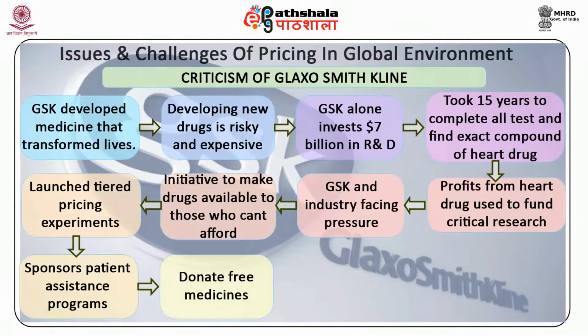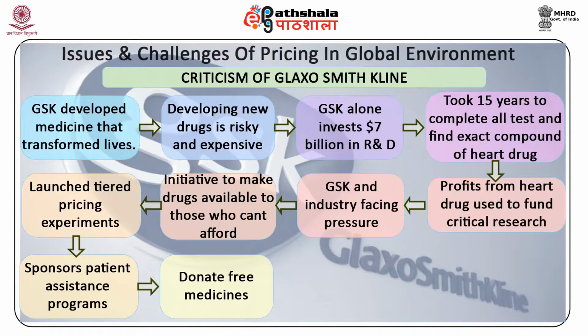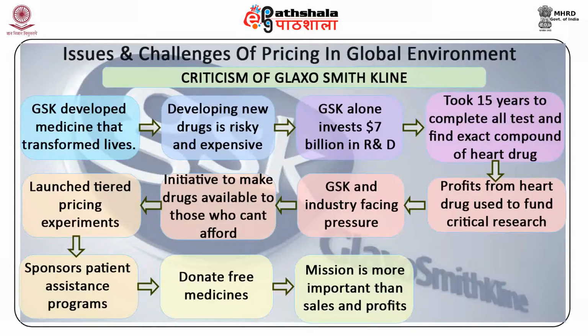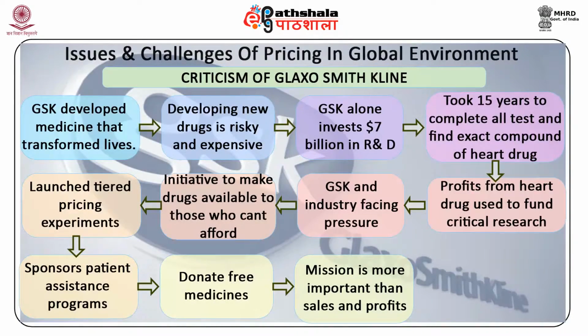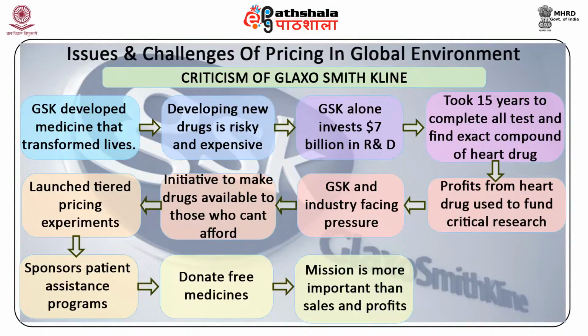GSK regularly donates free medicines in response to disaster relief efforts around the globe. For GSK, it is more than a matter of sales and profits. Its heartfelt mission is to improve the quality of human life by enabling people to do more, feel better, and live longer.